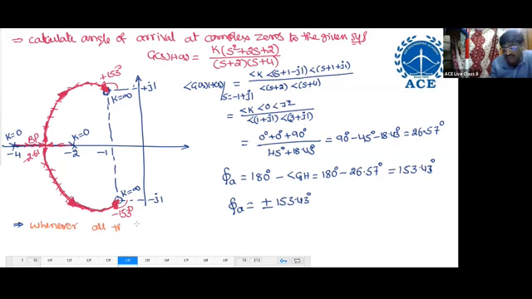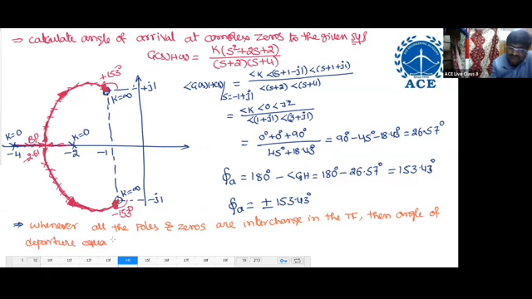Whenever all the poles and zeros are interchanged in the transfer function, then angle of departure equals angle of arrival. And breakpoints are same.